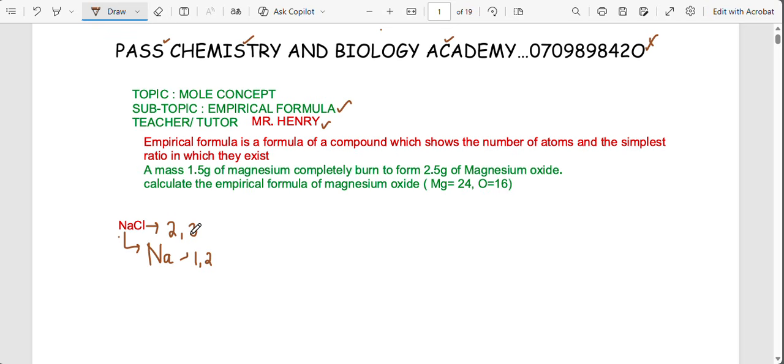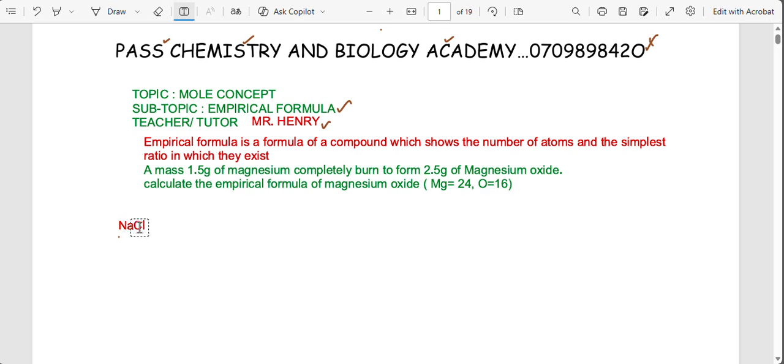It does not give us the exact number of atoms in the compound, but rather a simplest ratio in which they exist. What shows us the exact number of atoms that exist in a compound?